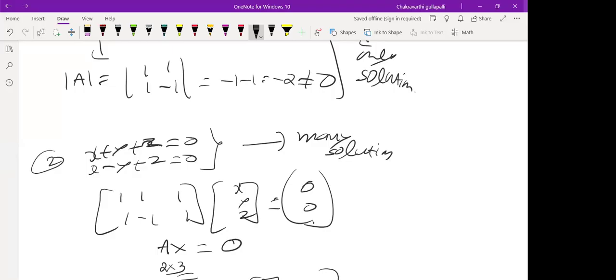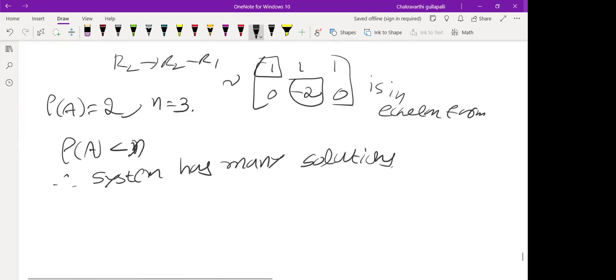If more unknowns are there, fewer equations are there, and it is homogeneous, without putting pen on the paper you can answer. How many solutions? Infinitely many. You need not even find the rank; directly you will get the answer. I'll give that as a shortcut formula.